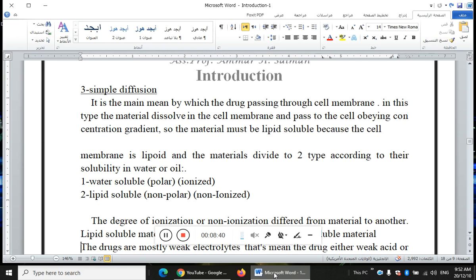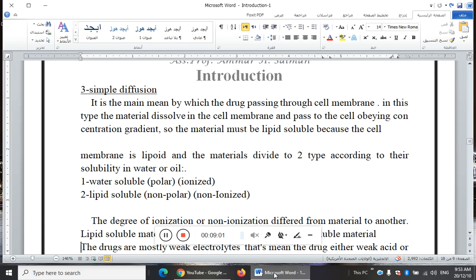So in this type also, the material or the drugs pass or transport from the high concentration side to the low concentration side, but by dissolving in the cell membrane.